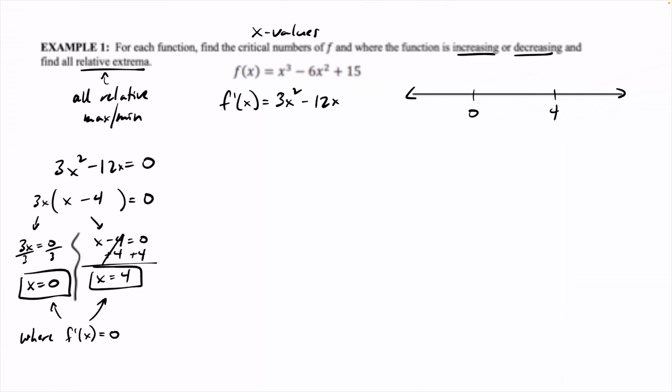What I'm going to do is pick a value in between. The first one is 0. So left of 0 is negative numbers, right? You can pick any negative number you want. I would suggest picking an easy negative, but you can pick any. I can pick -1, -2.5, -10.6, -1,000,000.